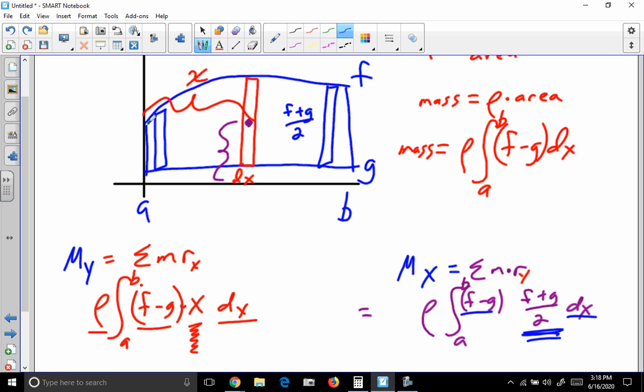The integral adds them together, and that gives us the moment from the y-axis. Here, the moment arm is (f plus g) over 2. The mass is given by that. So when we combine those two, (f plus g) over 2 times the mass gives us the moment from the x-axis. We add those up for every little sample element.